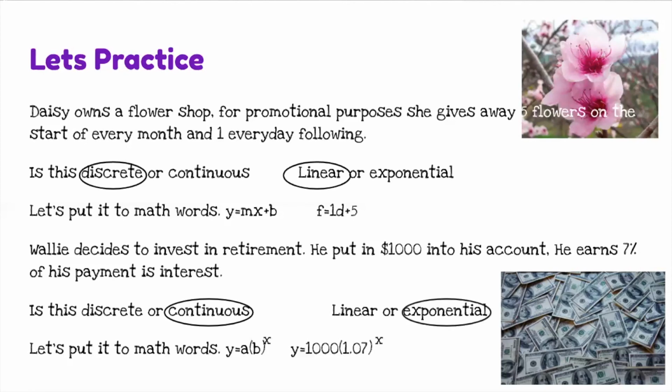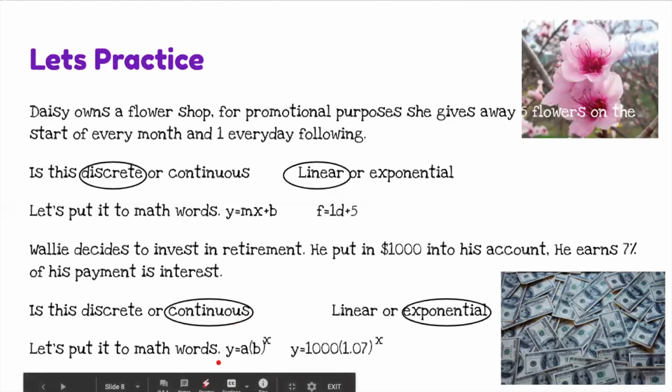And it's also exponential because it is multiplying each year, which is a common ratio, which means it's geometric, and it goes exponentially on a curve. So let's put it into math.